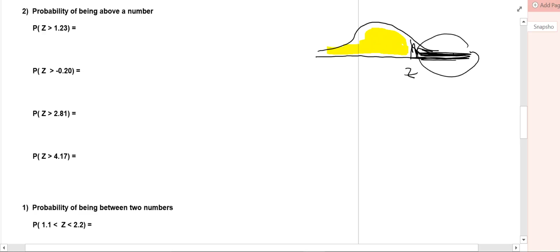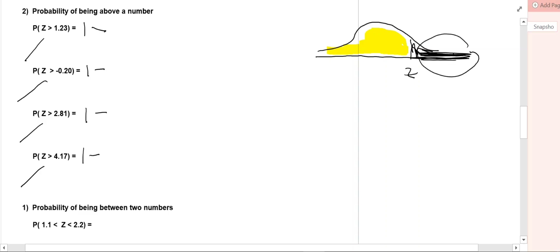Well, opposites, their probabilities have to add up to 1. So what we're going to do is we're actually going to look up this number in the table, but we're going to be subtracting these items from 1. When we find that number in the table, we're going to subtract from 1.